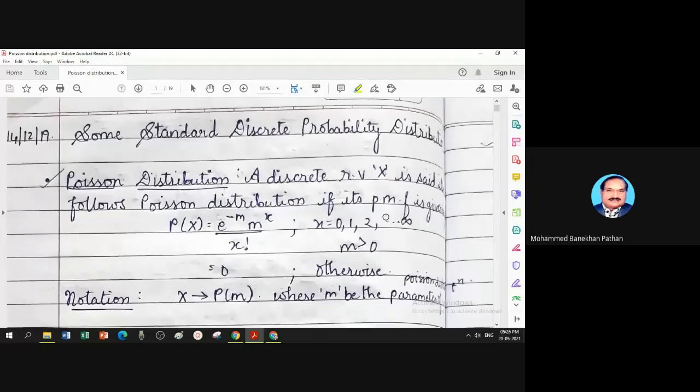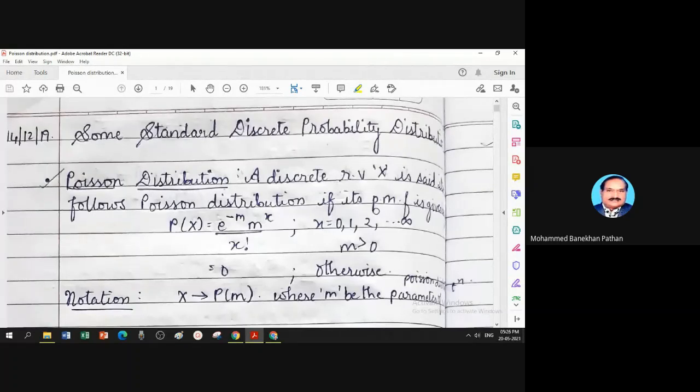If you recall your first chapter of semester 1 related with sample space and event, I taught 2 types of sample space: finite sample space and infinite sample space.